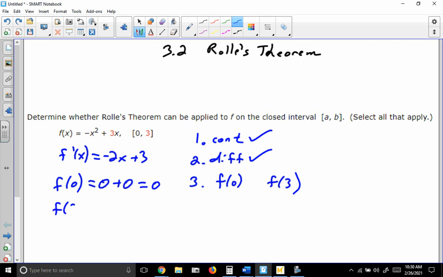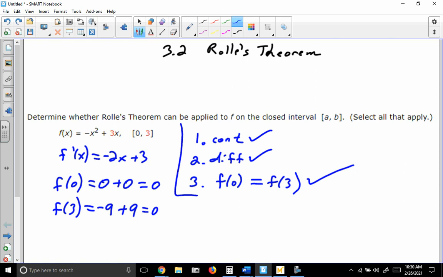So when we substitute a 3 in, we have to get 0, or Rolle's theorem does not apply. It only applies when both ends are at the same height. So if we put in a 3, we get minus 3 squared is 9. 3 times 3 is 9, and that makes 0, so that's true. So Rolle's theorem does apply.